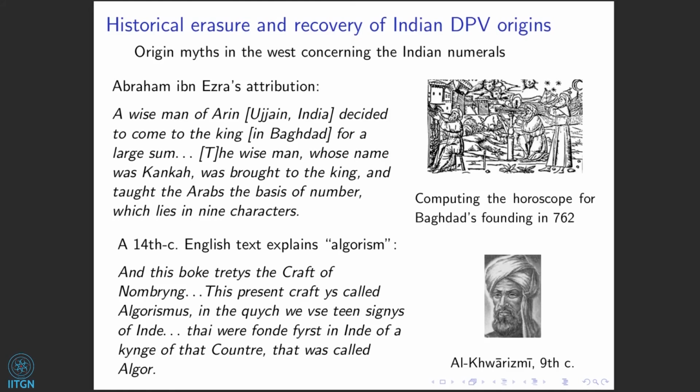That was called Algor. That's not true. There was not an Indian king, Algor, who invented the decimal place value number system. That we know. But, again, this is how imagination and the desire to explain things get layered on the absence of facts.